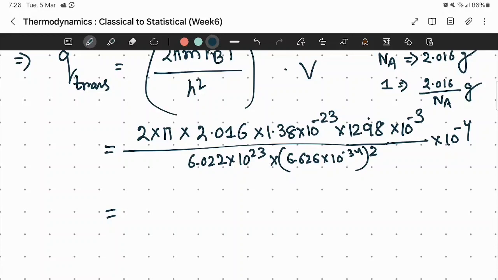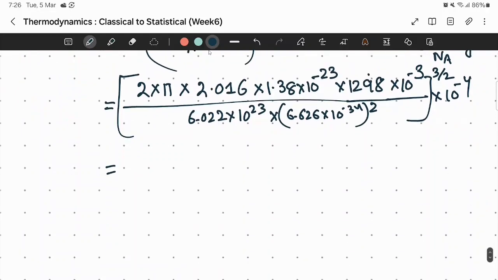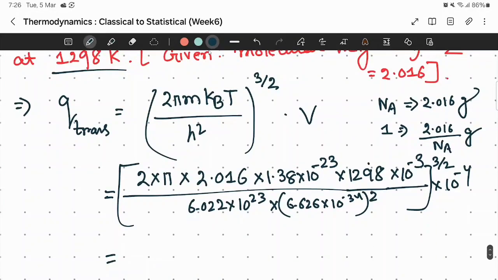Okay, so it's coming. Okay, no, here is 3 by 2. I don't think so. Okay, so let me first write it.